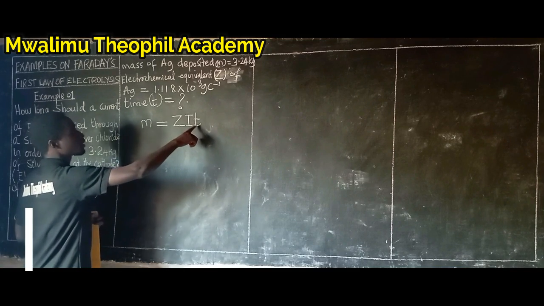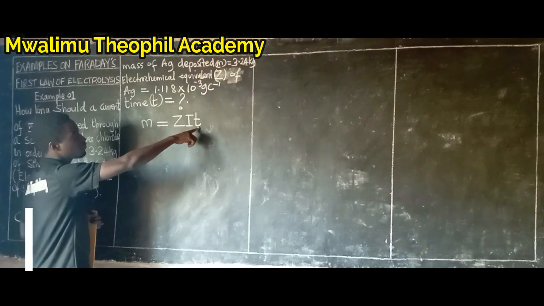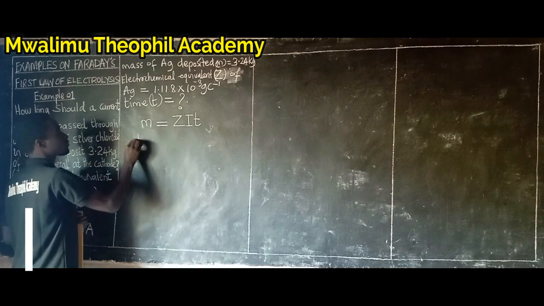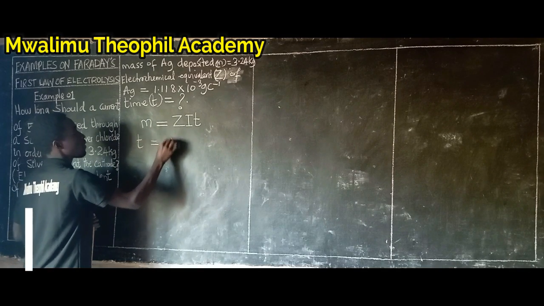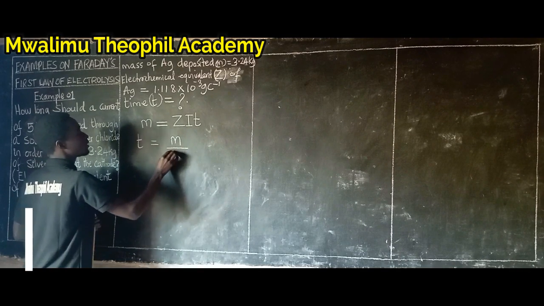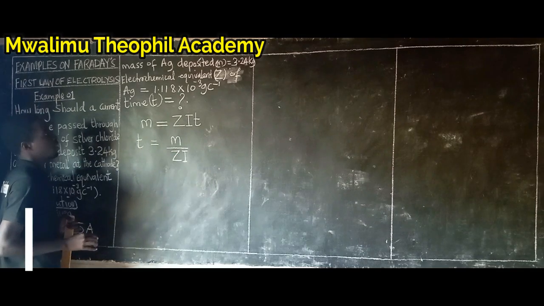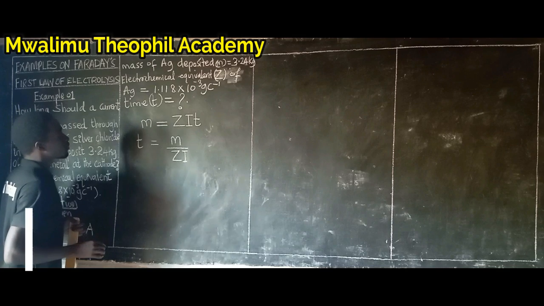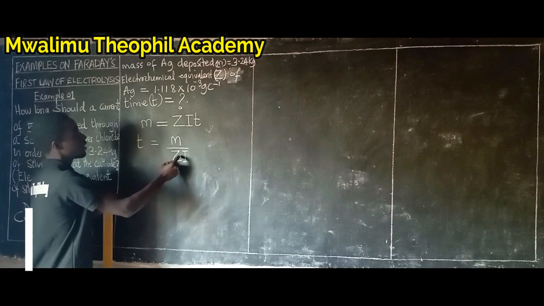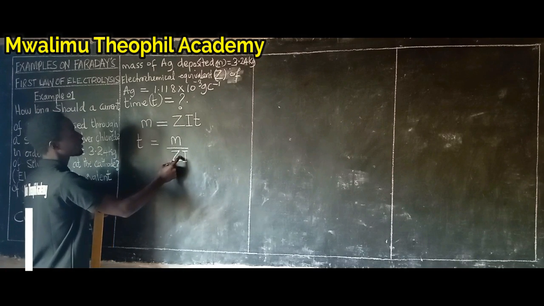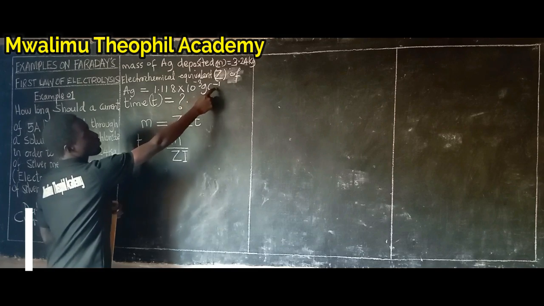Here what we are looking for is the time, so time will be equal to mass over electrochemical equivalent times current. But you have to remember that the given electrochemical equivalent is in gram per coulomb.